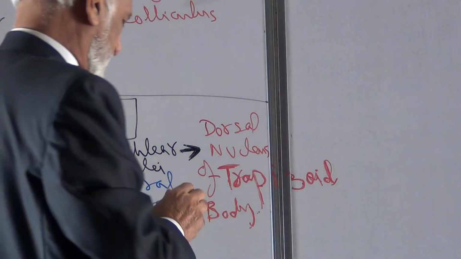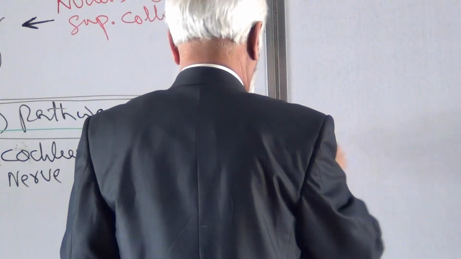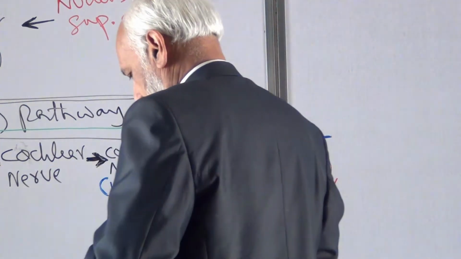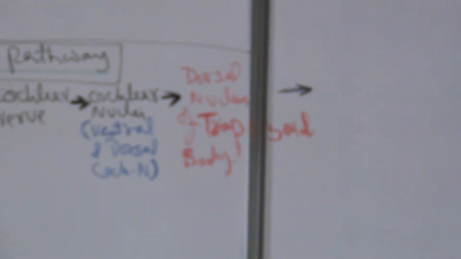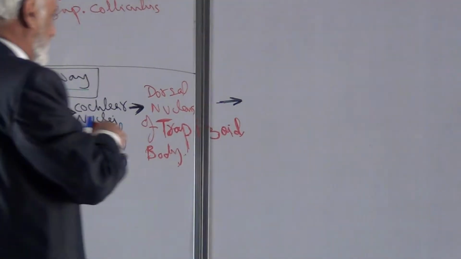Now from the trapezoid body, the fibers arise in the form of a tract known as the lateral lemniscus.